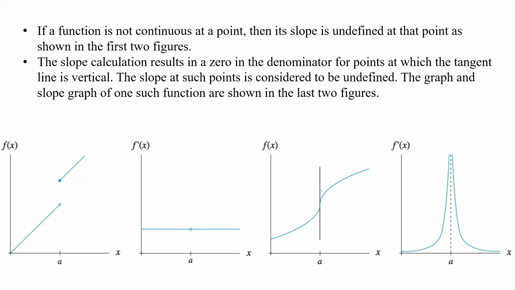Again, this is undefined because we have a vertical tangent, and so it's going to have the vertical asymptote at a, and it's going to go up and never touch that A, and it's going to come down. It's never touching it, and then it goes down that way.